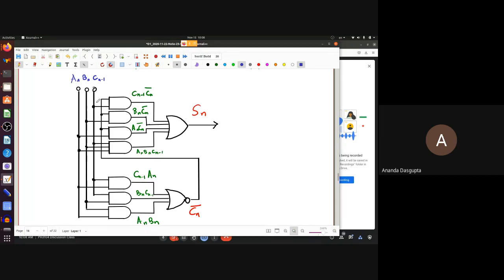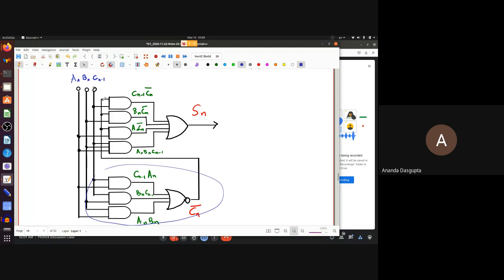What you really do is, well, take a look at what this does. The last line here, this part, well, you take A, B, Cn minus 1, the 3 input bits, 2 of them actually coming from the binary numbers, 1 coming from the carry. You add them pairwise to produce the 3 pieces and send them through a NOR gate. Why do you send them to a NOR gate? Because that produces Cn bar.